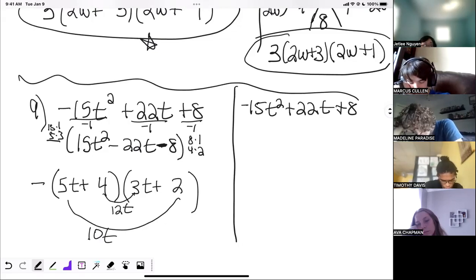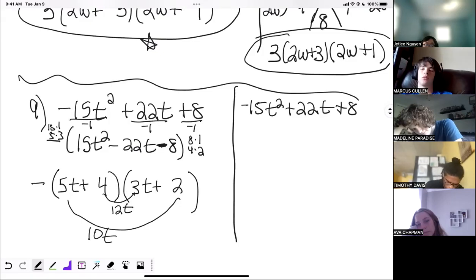If I add it together, I get... Hold on a second. Negative, negative, negative. I need an 8. Negative out. Negative. Did I write something down wrong?